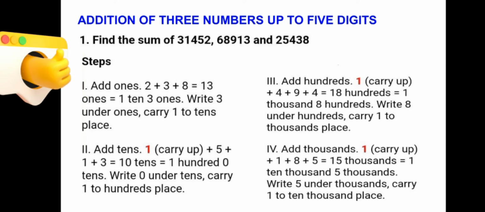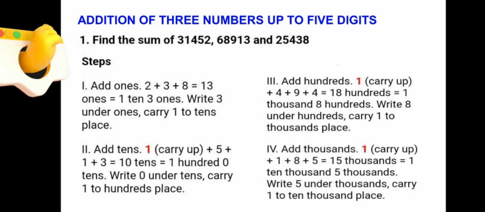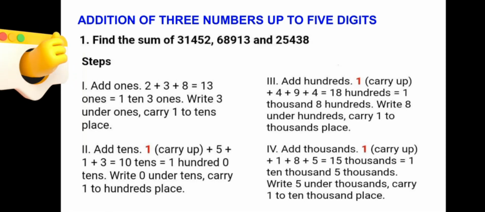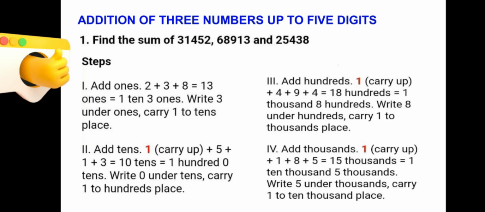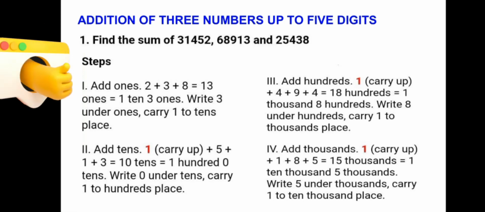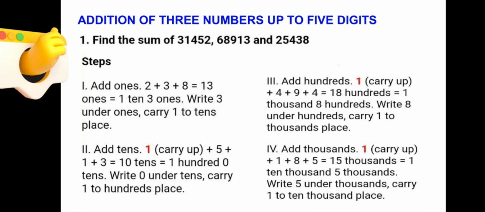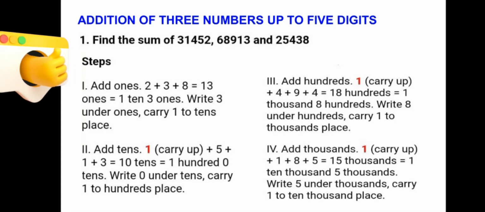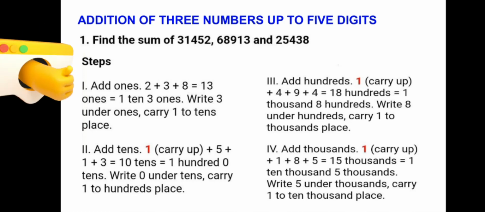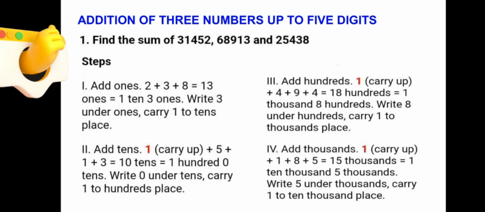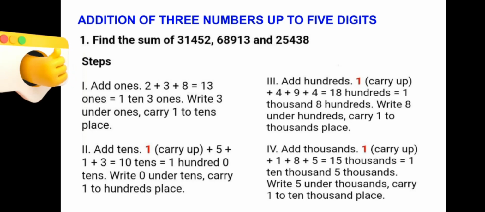So step 4 says add thousands. So 1 was carried up, so it will now be 1 plus 8 plus 5, which is equal to 15 thousands. So we'll write 5 on the thousands, carry 1 to 10,000 place.